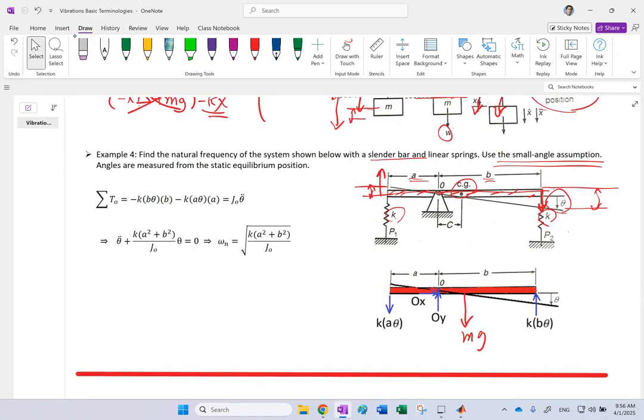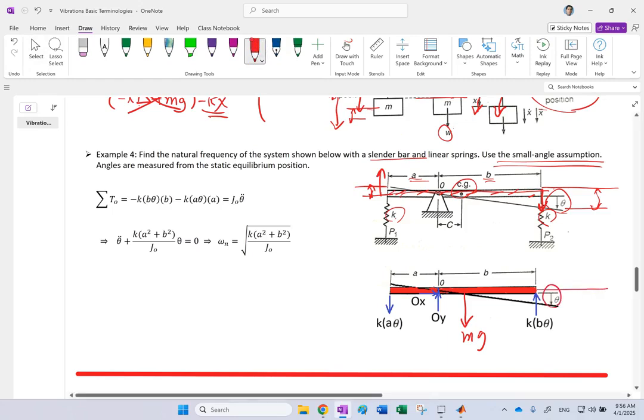Okay, so now what? Now here again, you might say, where is this theta measured at? Is this measured from horizontal position? Or is it measured from when the seesaw comes to equilibrium? Now, what does equilibrium mean?